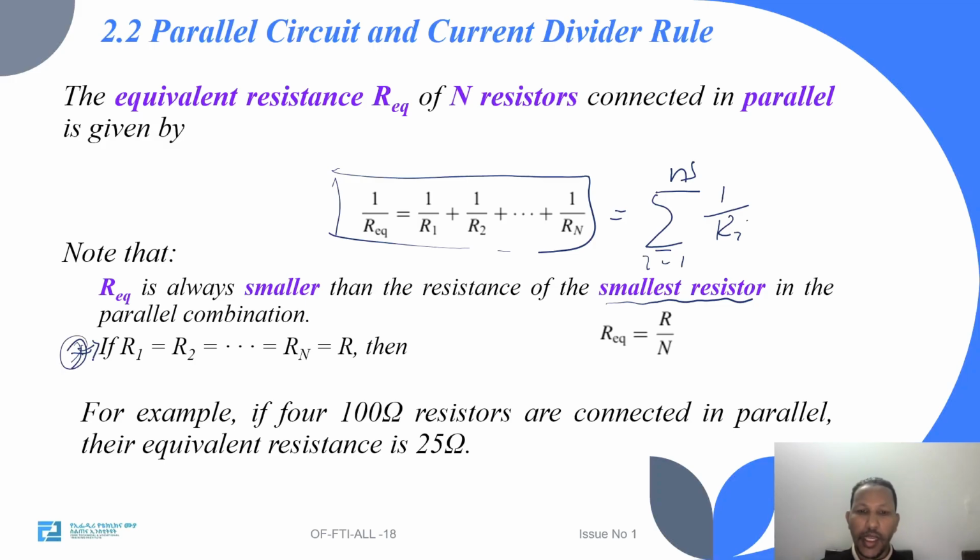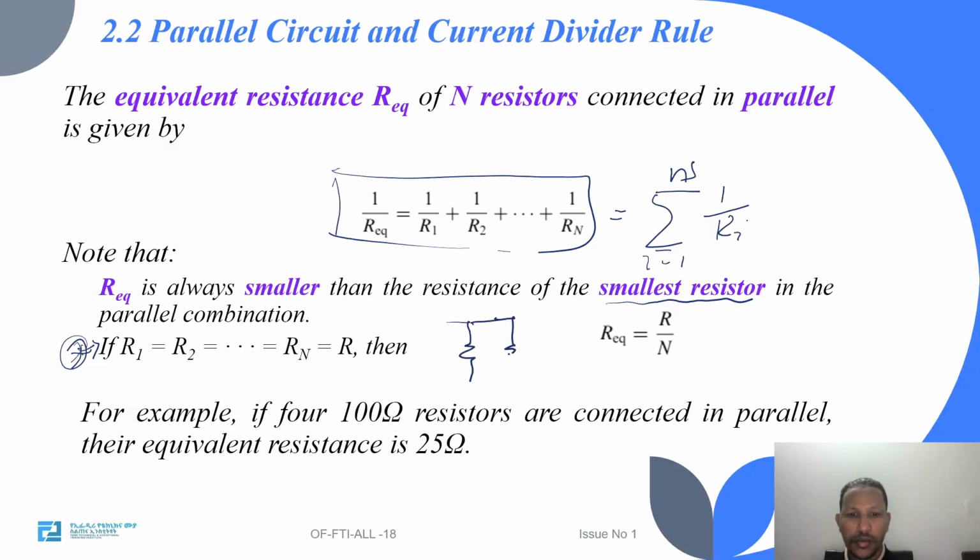And the other very important point is, if any number of resistors with equal resistance value are connected in parallel, then their equivalent resistance will be R over N. For example, you can consider these resistors.